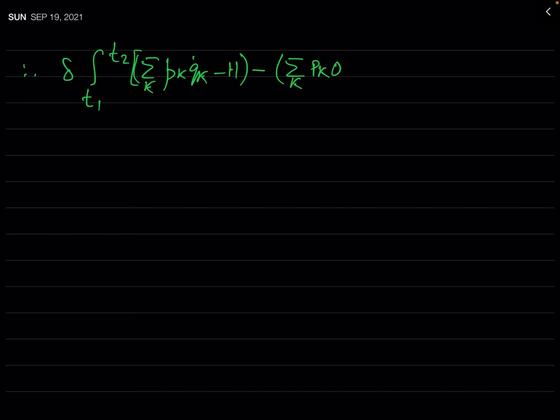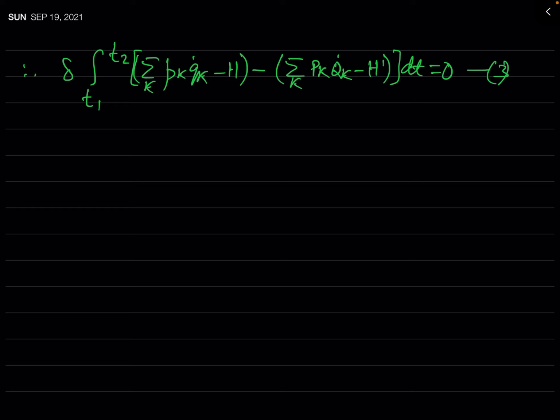Therefore, you can write delta integral T1 to T2 summation over K PK QK dot minus H, and minus summation over K capital PK capital QK dot minus H prime, dt equal to 0. And let us say this is equation 3.